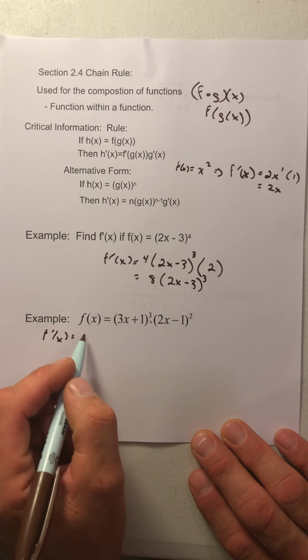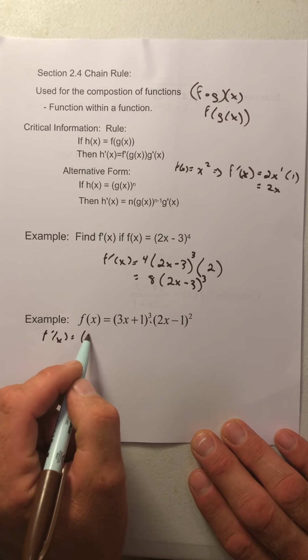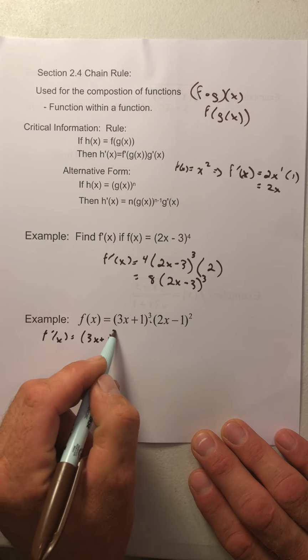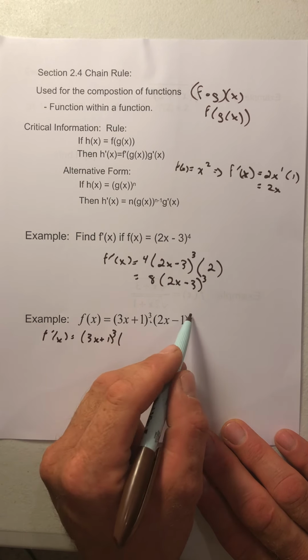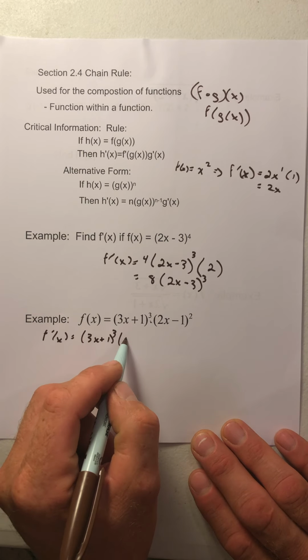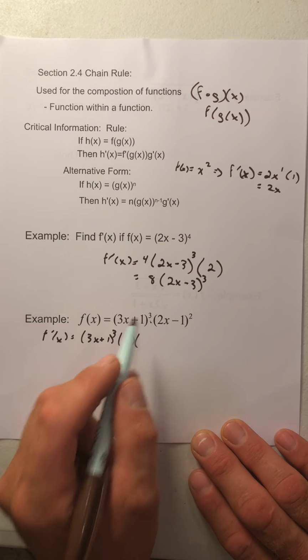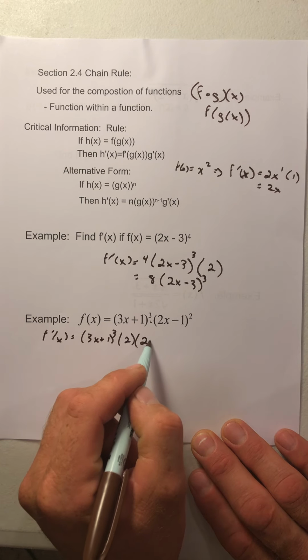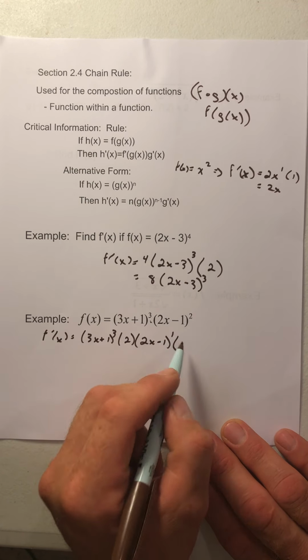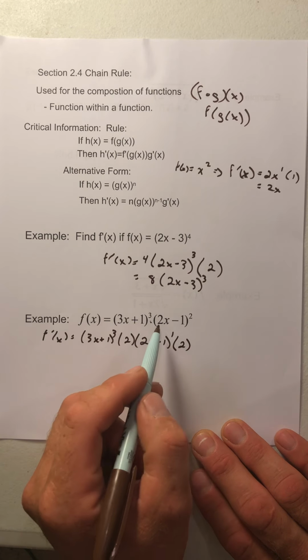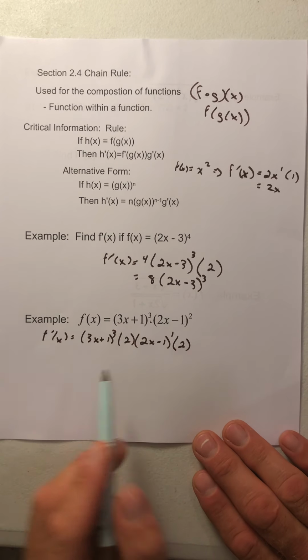So for the first derivative, remember product rule, we have the first, and then the derivative of the second. So we have a chain rule here, we have a quantity to an exponent. So we're going to have our 2 coming to the front, inside stays the same, decrease the exponent by 1, and then the derivative of the inside, which is going to be 2. The derivative of 2x minus 1 is 2.